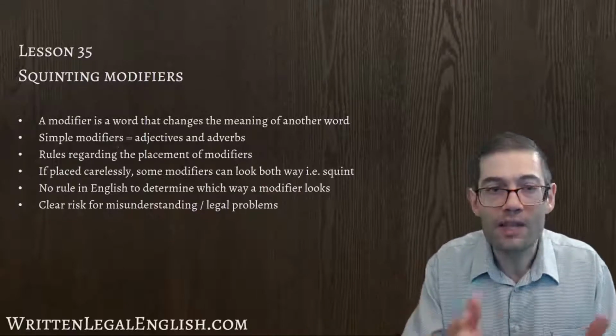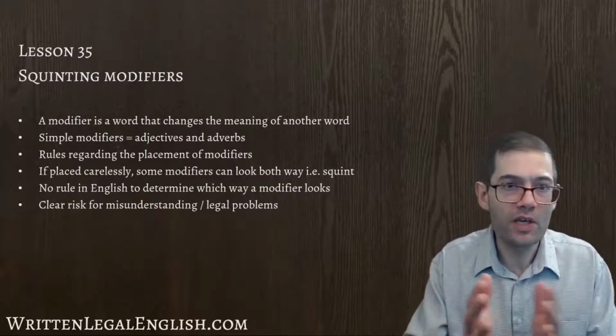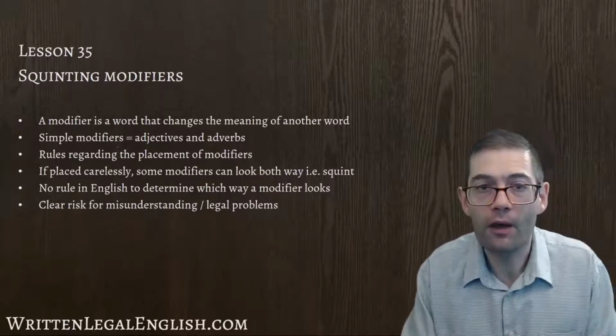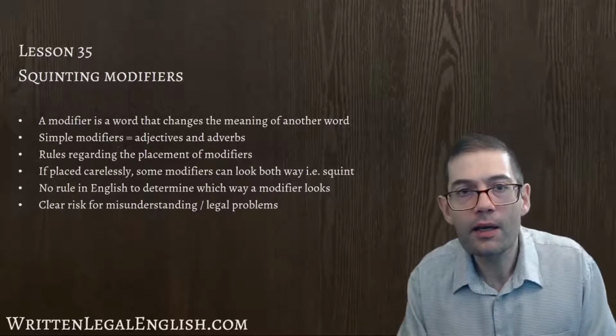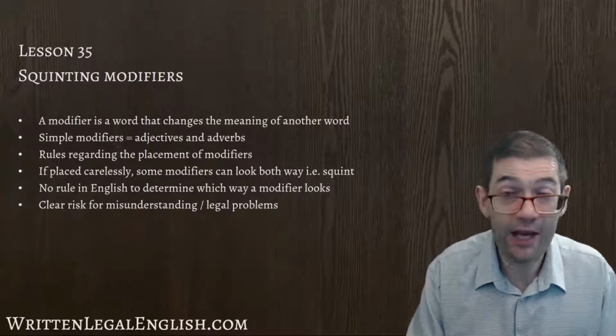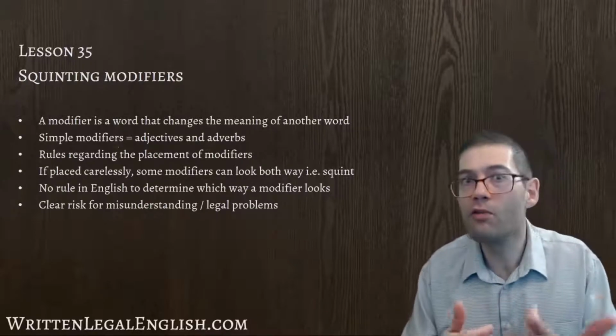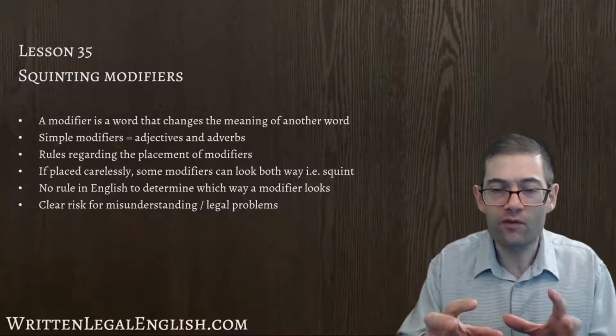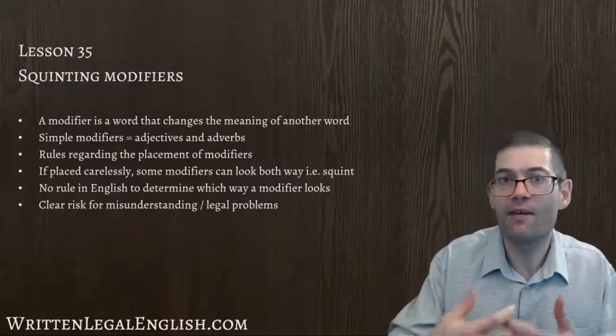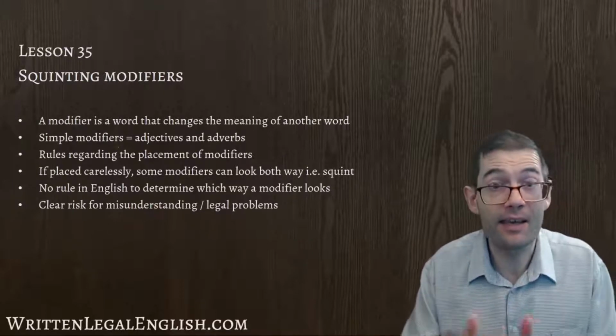It's the same thing with adverbs and verbs. So we could use a structure to do something. Well, we can do something quickly, we can do something unhappily, we can do something frustratedly or worriedly. So those adverbs change the way that verb, that act is taking place.